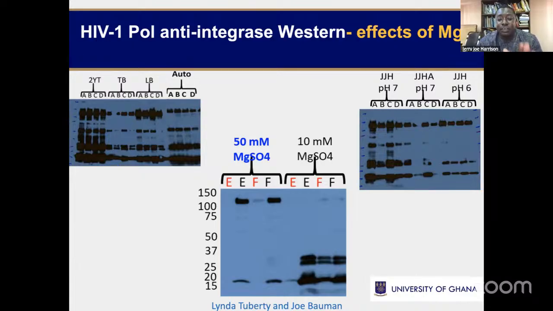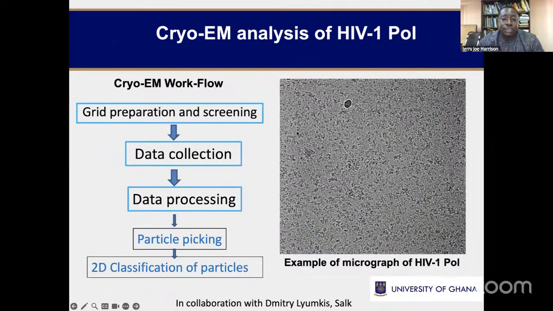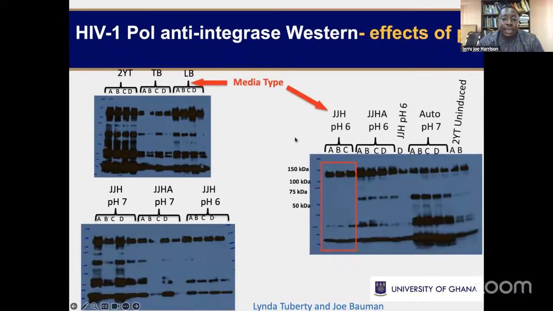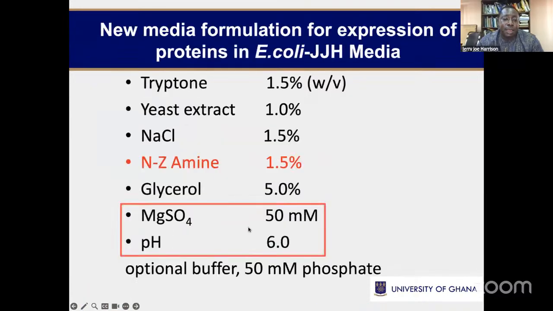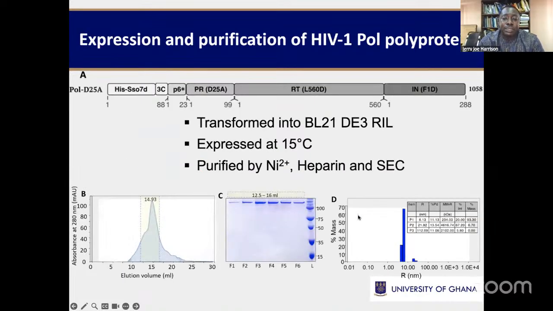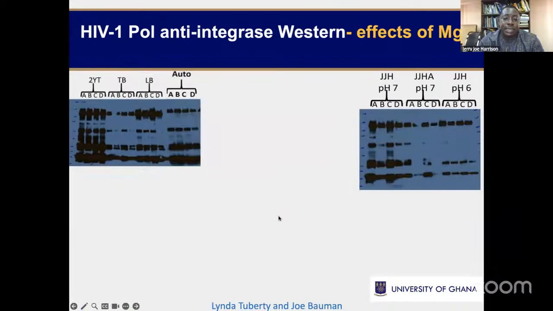This clearly told us that the magnesium and the pH have a similar effect, and combining the two makes it even better. That is why in the media that I put here, I put the magnesium at 50 and the pH at 6. This is what we used for the expression that we did subsequently.